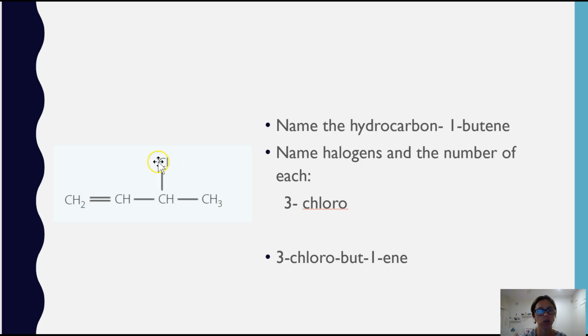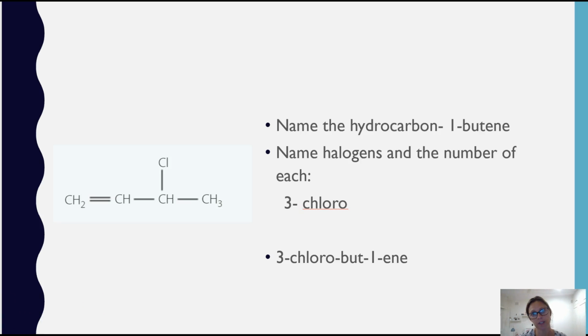And then we've got a chloro. Now, remember we have already named our butene by the carbon it's attached to, which is 1. That means now we do our counting from this side. So our chloro is attached to the third carbon there. So it's 3-chloro dash but-1-ene.